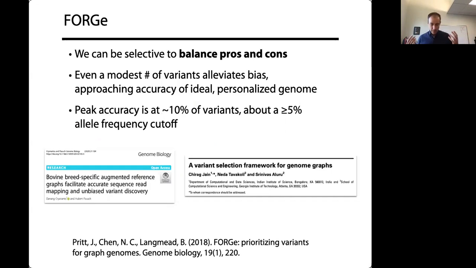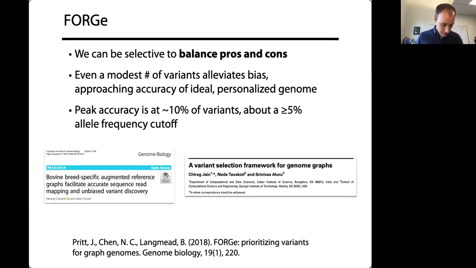We also learned that even a relatively modest number of variants, like 8 or 10% of all of those in the 1,000 Genomes Project call set, is able to alleviate bias and improve alignment accuracy all the way up close to the point that is achievable if we use a perfect, ideal, personalized reference genome, which obviously is not really practical in reality, but it's a good upper bound on what we can expect to achieve with a graph representation.